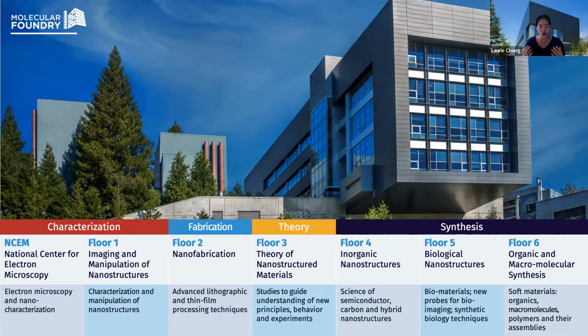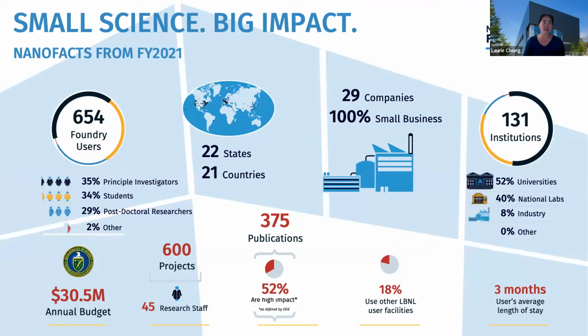And so across all of these floors, we generate a great deal of scientific impact. In fiscal year 2021, where the fiscal year runs from October through the end of September of the following year, we worked with 650-ish users, which is pretty significant considering the limitations presented by the pandemic.